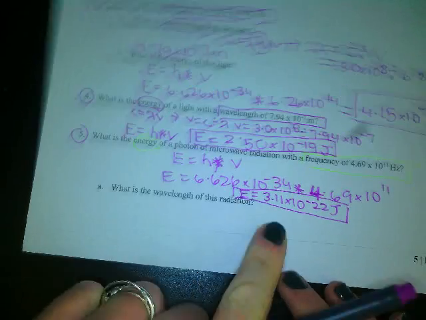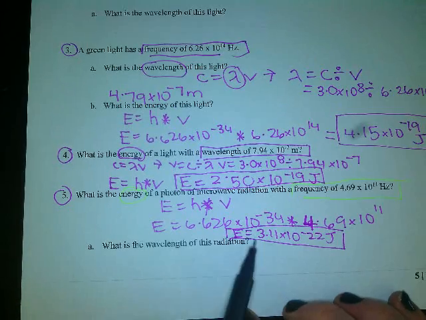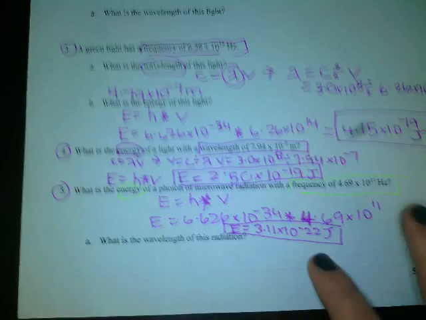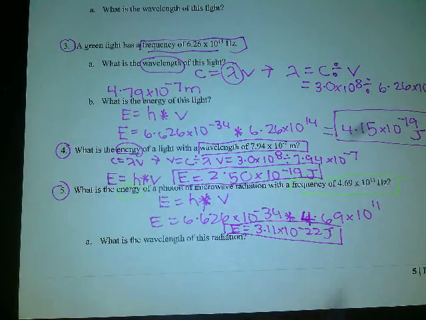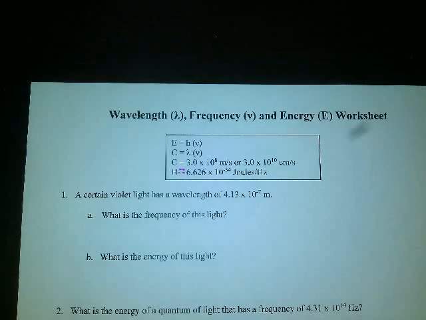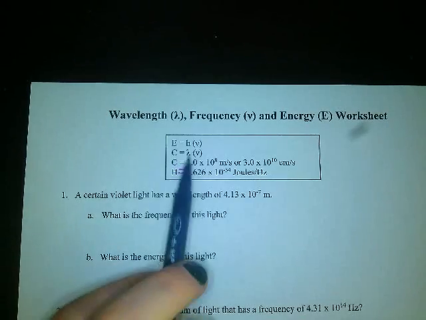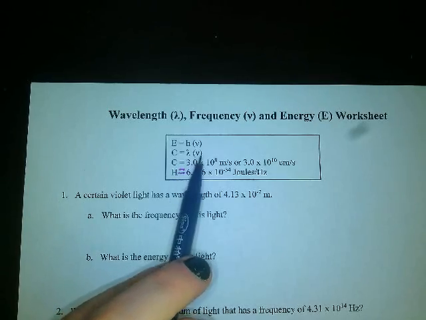Okay, what is the wavelength? We actually don't need this. Unlike some of the other problems, where you needed part A to solve part B, this one you don't. We just need to go back up and figure out wavelength, that is the lambda. We already have the frequency, so I'm going to use this one.